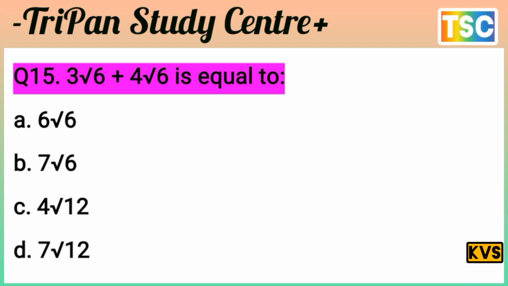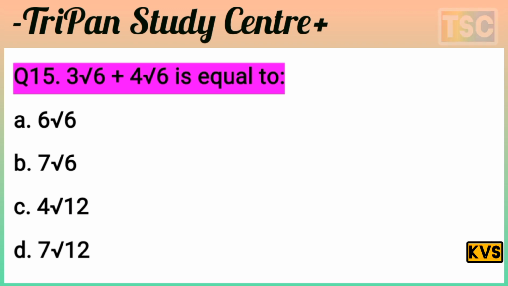The answer is option B. The under root 6 is the same in both, so the roots are not added; only 3 and 4 are added. Under root 6 is common, but 3 and 4 are different, so 4 plus 3 is 7 under root 6. Option B is correct.